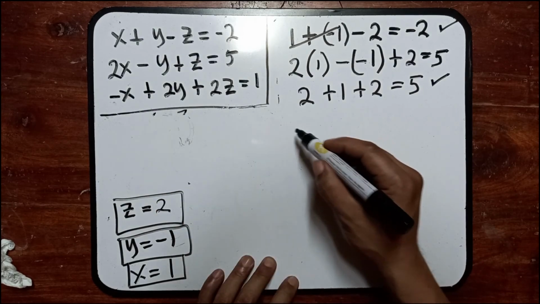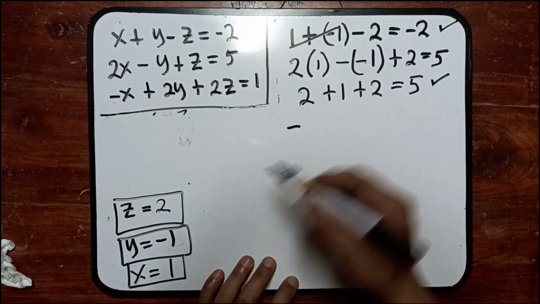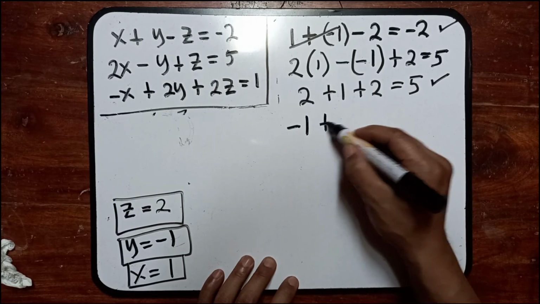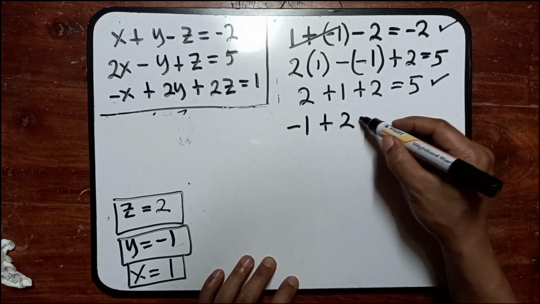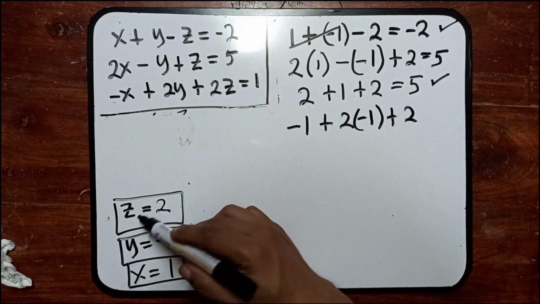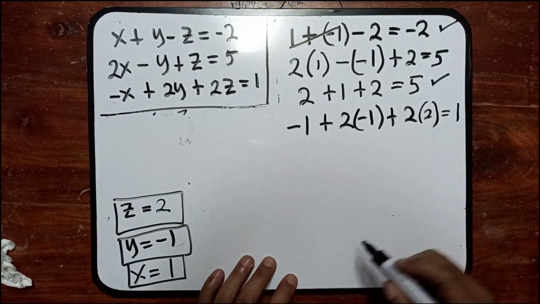For our last equation, we have negative x, x is 1. So let's write here negative 1 plus 2y, y is negative 1, plus 2z, z is positive 2, equals 1.